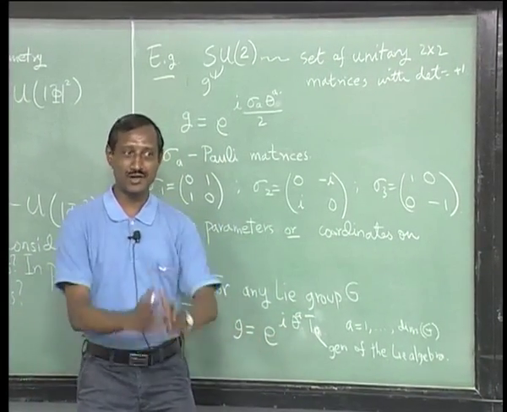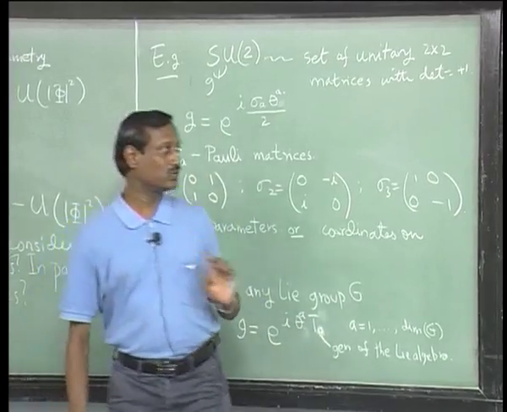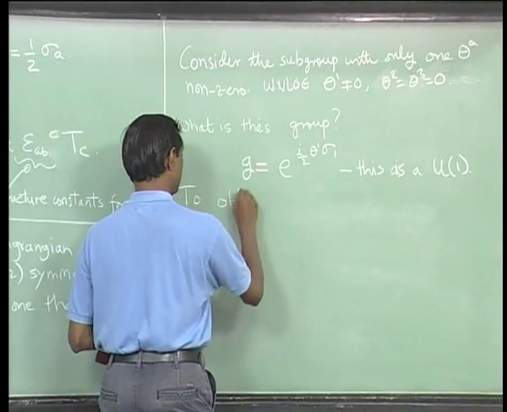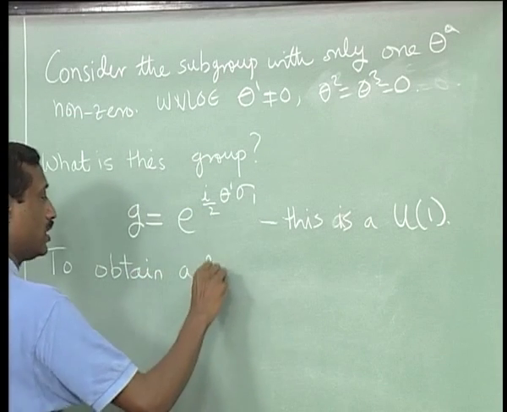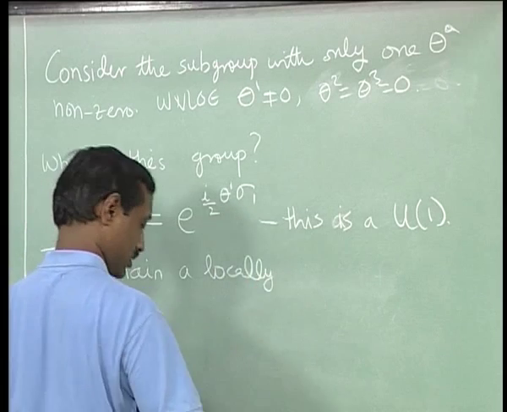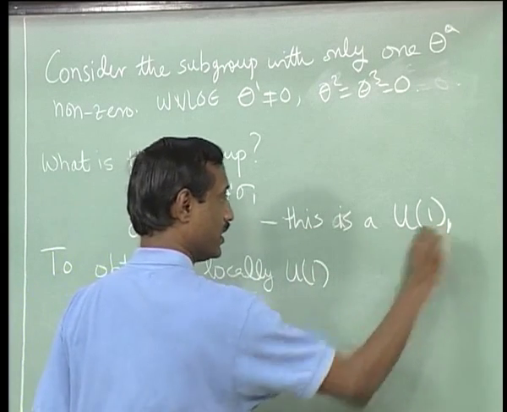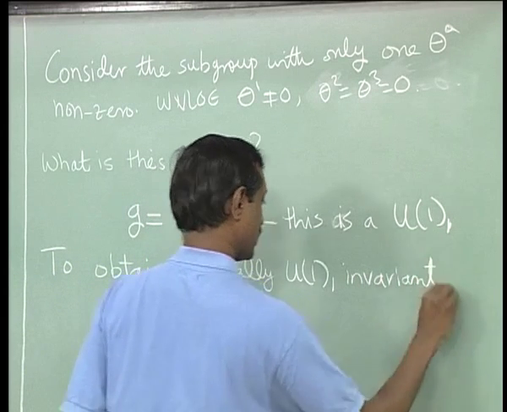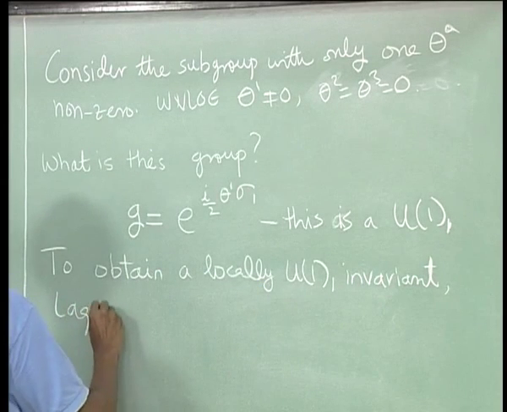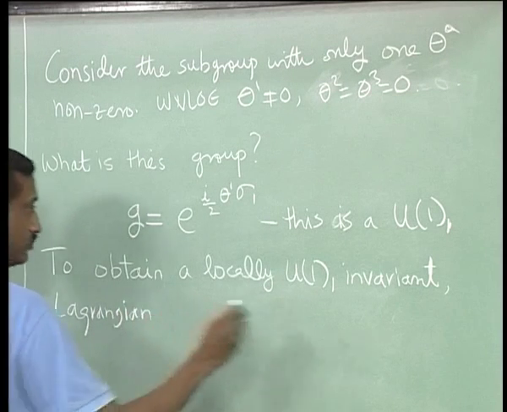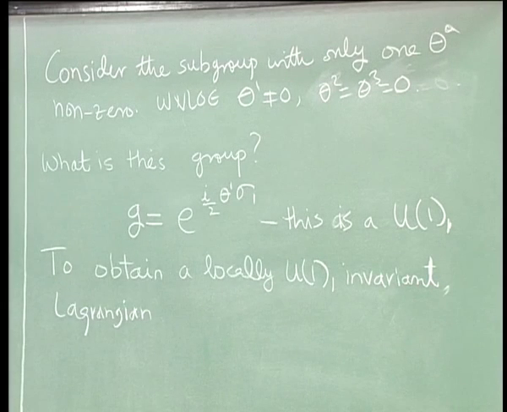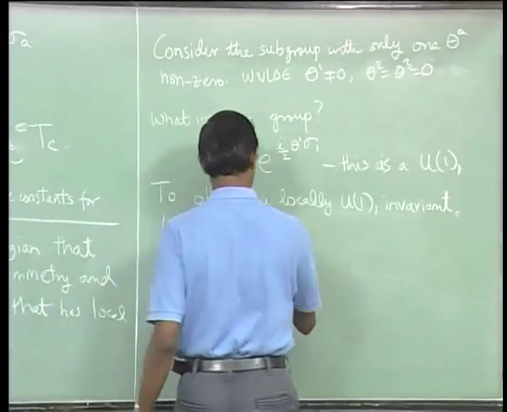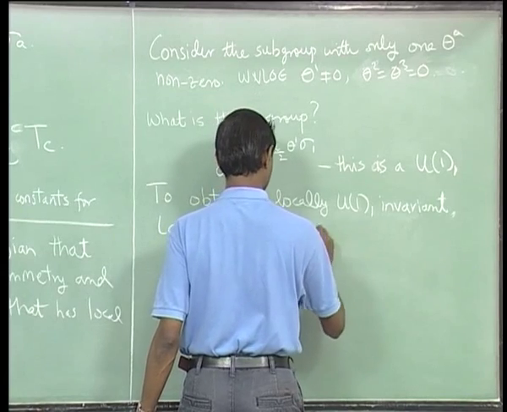And so, what does it tell you? The conclusion by looking at this, let me write this: to obtain a local U1, let us call this U1 one, invariant Lagrangian from the global one, of course. If your theory had full SU2 symmetry, obviously any U1 subgroup is also invariant from the global one.